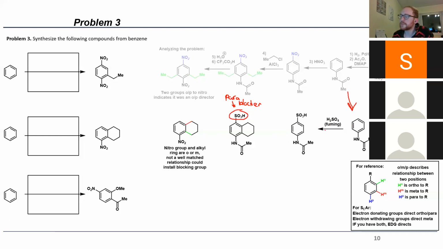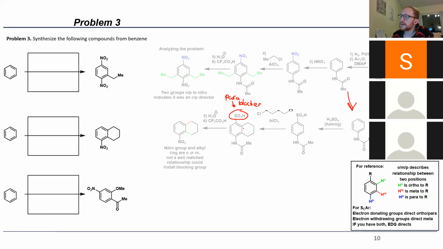Now, if we treat this with fuming sulfuric acid, it will sulfonylate the para position preferentially. Then a Friedel-Crafts alkylation reaction can install the desired ring. Oops, screwed up my animations here a little bit.